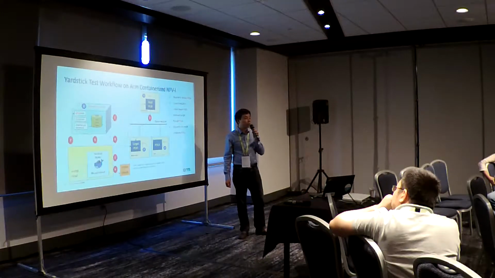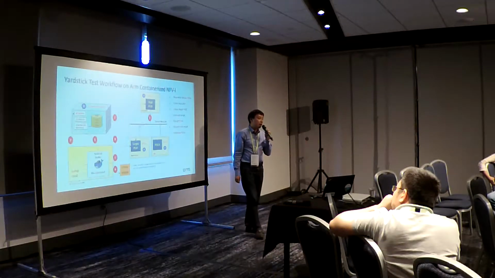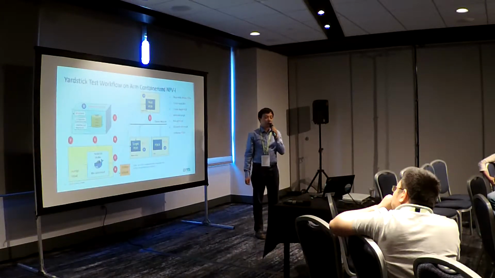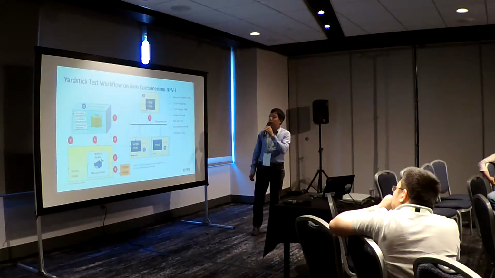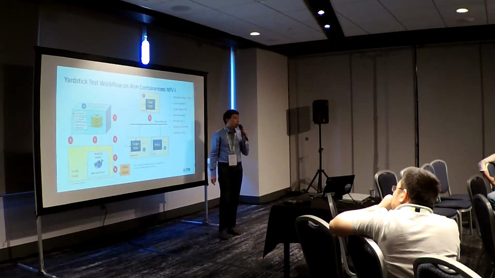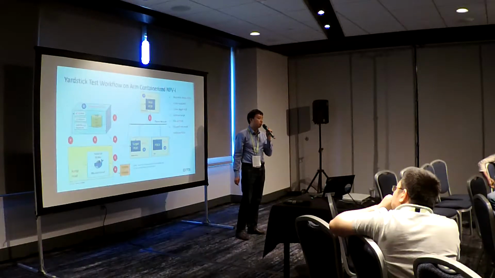When it kicks off a test, Yardstick will first send the context information to the Kubernetes master, and then the Kubernetes master will initialize the environment, for example, creating the host pod and the target pod. The host pod and the target pod can be either on virtual machines or on bare metal, and they can either be allocated on the same host or on 2 or more different hosts.